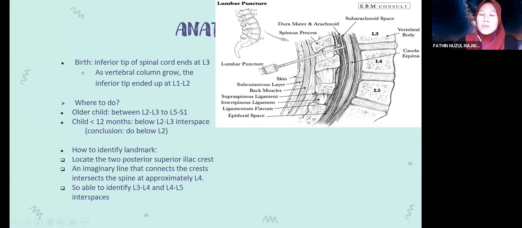Now, we also know that the spinal cord is in the subarachnoid space, and it is bathed in the cerebrospinal fluid, which is what we are attempting to extract from this procedure. Okay.